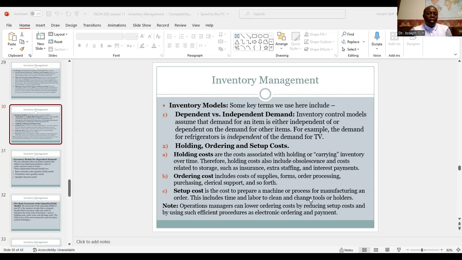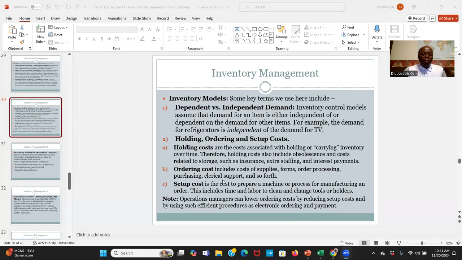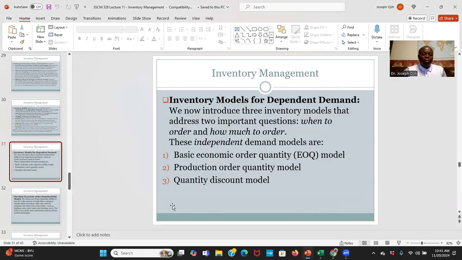Okay. Now, having given you this background, I think we can jump into the inventory models. Let us introduce them.